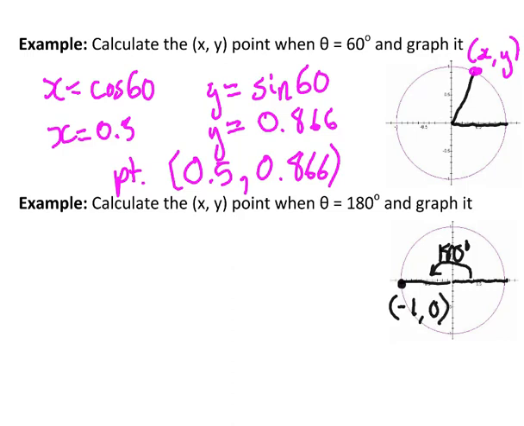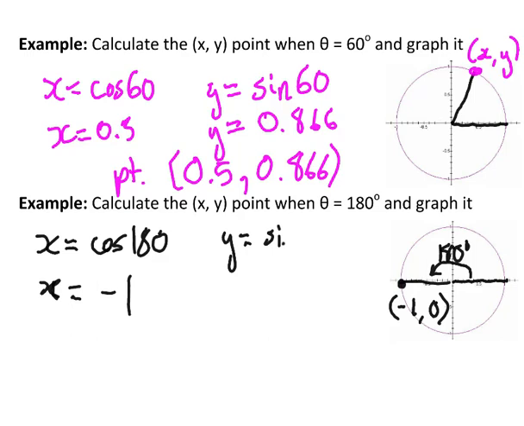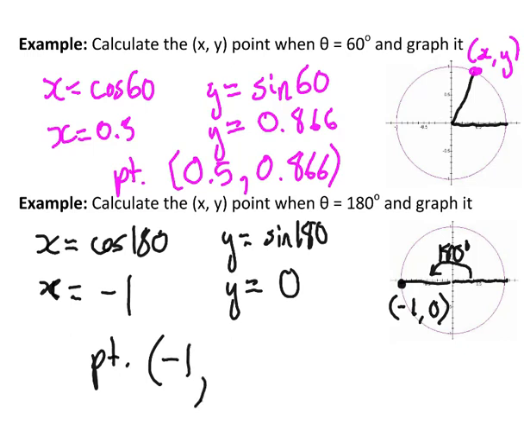Let's use this process to make sure that's true. x should be equal to cos of my angle, so cos of 180. Plug that in, cos of 180 is in fact negative 1. y should be equal to sine of my angle, so sine of 180. Plug that into your calculator, sine of 180 is indeed 0. And so your point is negative 1, 0.